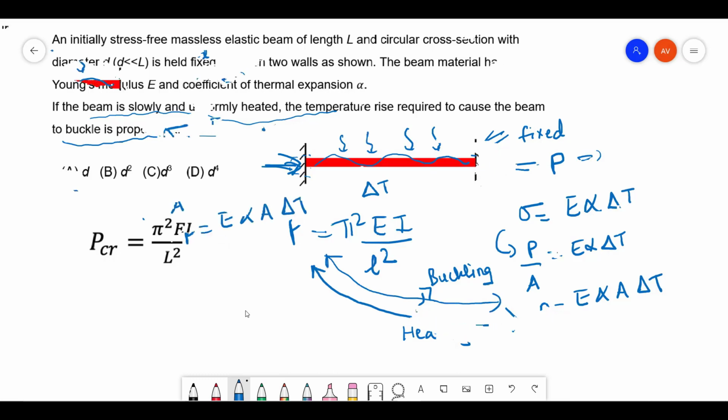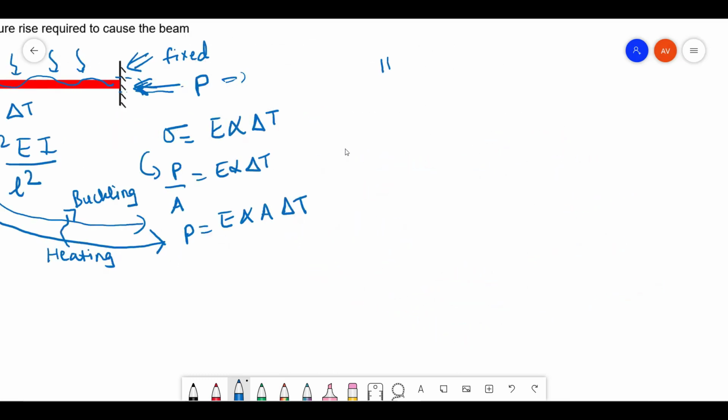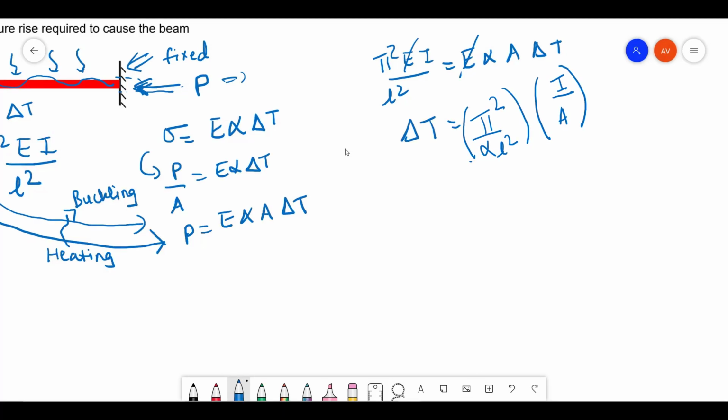Therefore pi square EI by L square is equal to E alpha A into delta T. E cancels, so finally you can write delta T equal to the following. Now both ends of the rod are fixed, therefore the length doesn't change.